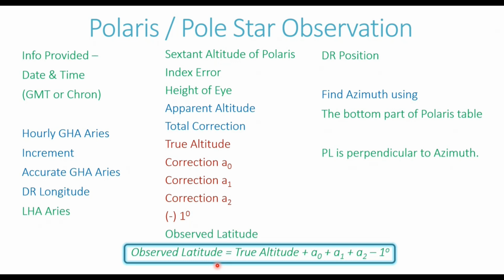If the azimuth is any other value other than 0.0, then this observed latitude will not be our fixed latitude. In that case, it will be an observed latitude, which tells us the reference point from where the position line is passing.